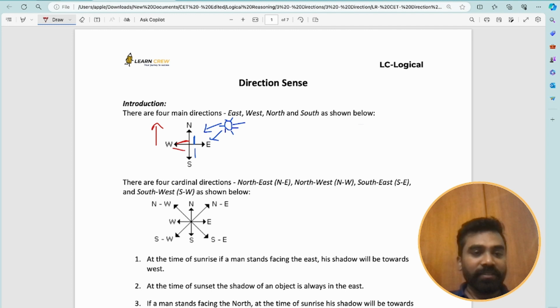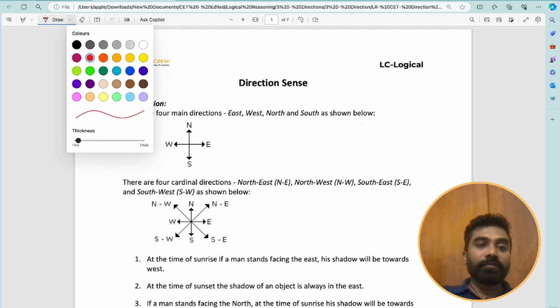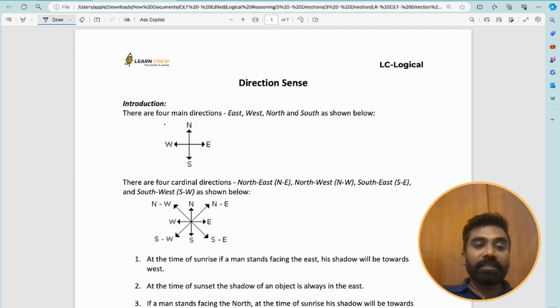Fine, makes sense. In a similar way, if it was sunset, then what happens? Easy. Sunset, the sun is going to be over here. Imagine the person is standing here.